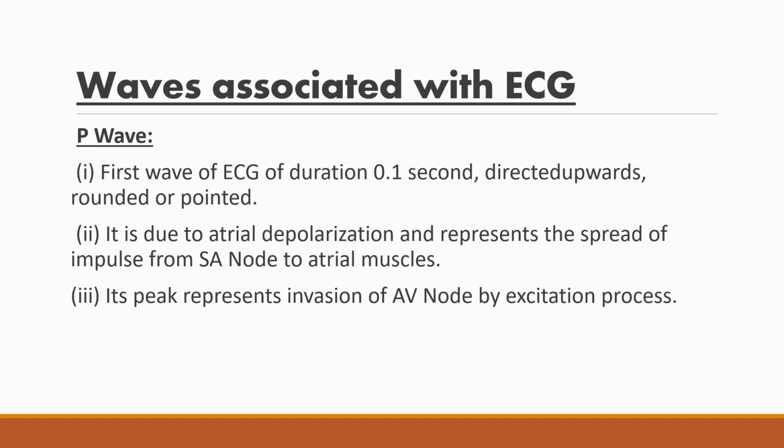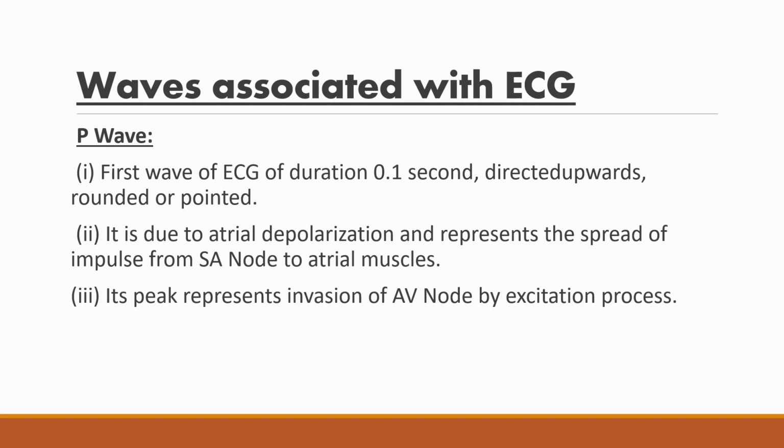Next are the waves associated with electrocardiogram. I will show you the graph, which will represent the ECG. First wave is the P wave. We have P wave, QRS complex, T wave, and U wave. So what is P wave? It is the first wave of ECG, having duration of 0.1 second.